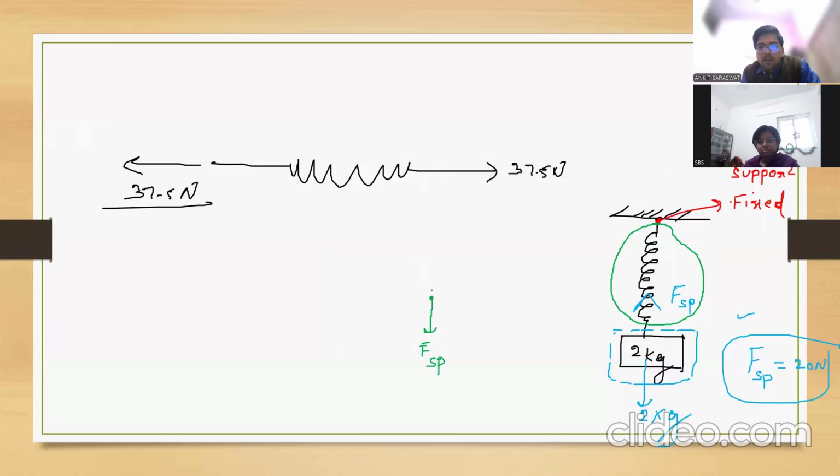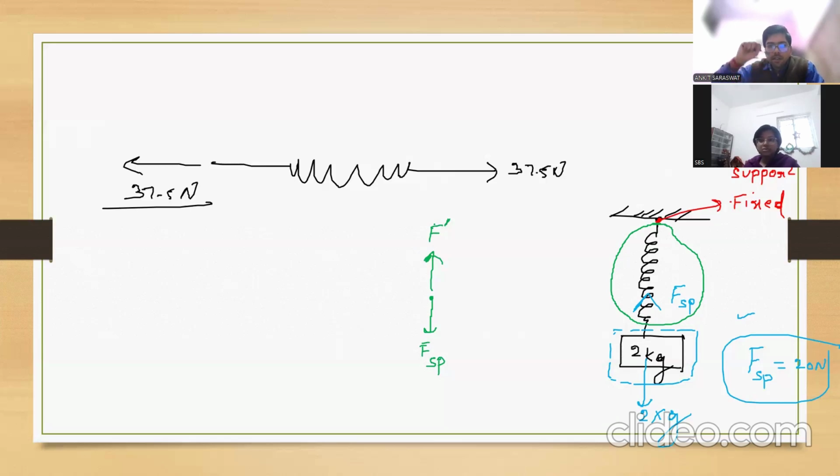And who is going to apply one more force? One force due to this support. Let us suppose the support is applying F dash. If I draw the spring as my system, then F dash is due to the support.